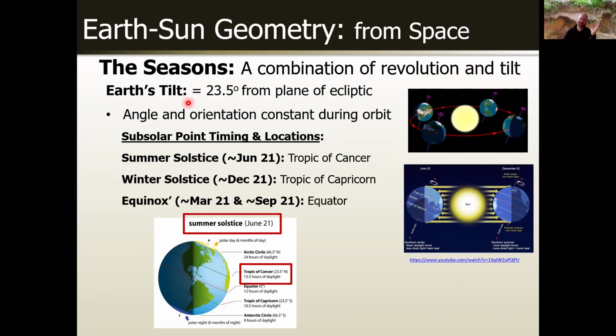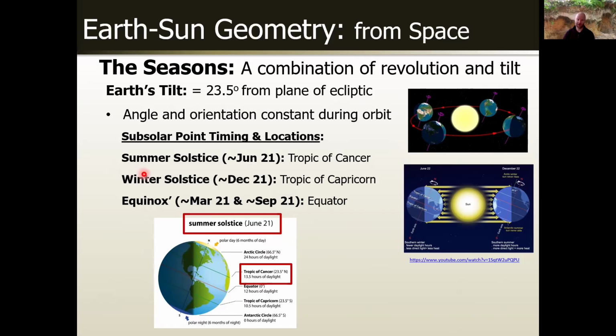Because we're tilted and because we're revolving, that subsolar point, which is the point on Earth's surface where the sun's rays are striking at exactly 90 degrees, changes north and south as we revolve around the sun. To tie some of these concepts together, I encourage you to go back into previous lectures, exercises, and activities, thinking about those University of Nebraska simulators we used to reinforce this topic.